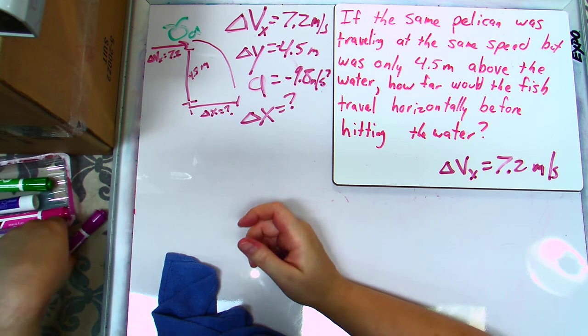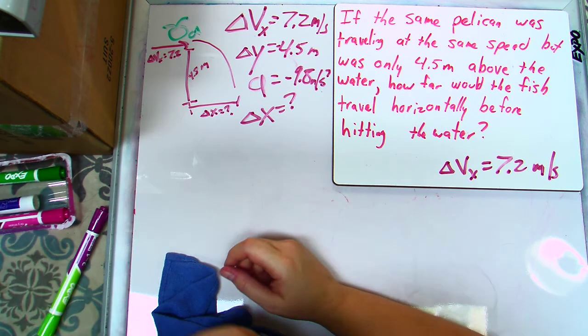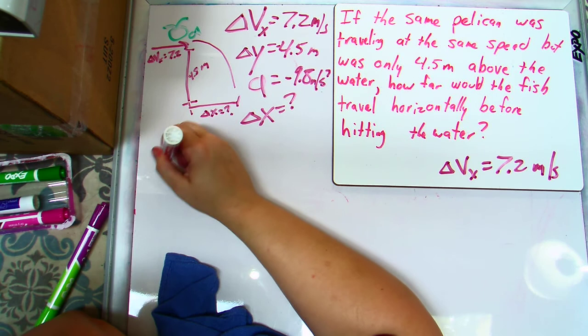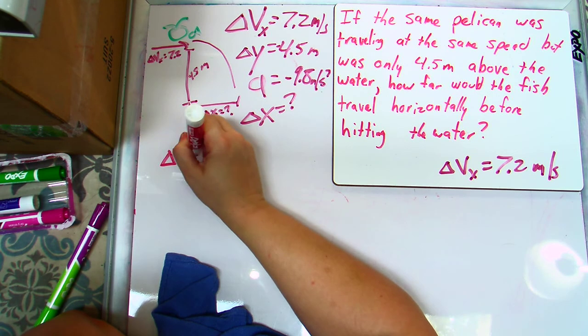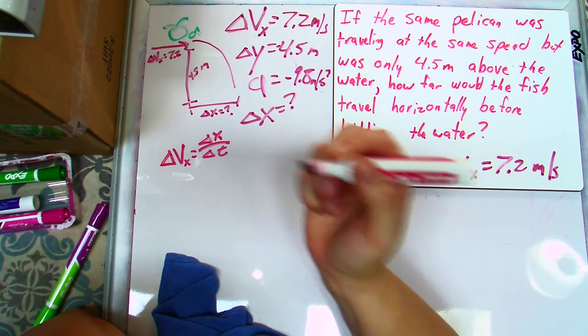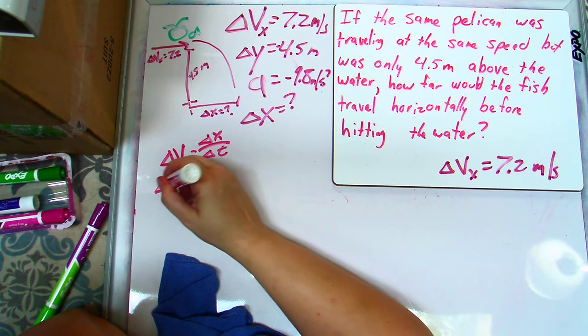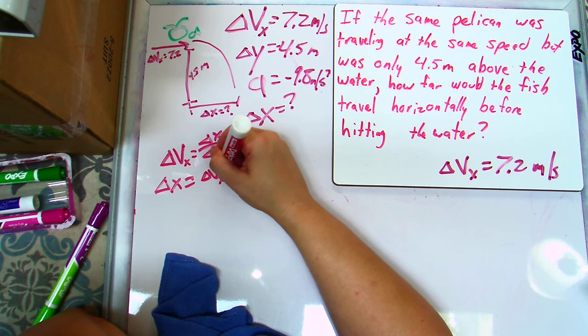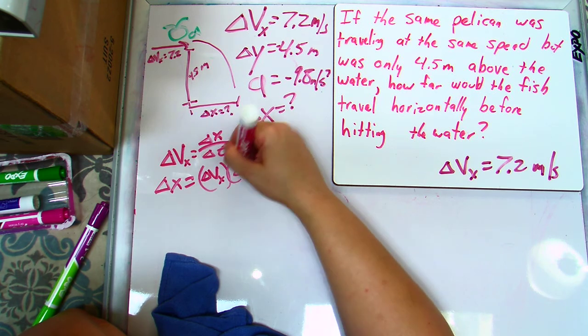When we solve for delta x, we're just rearranging that equation. So delta x would equal velocity times time.